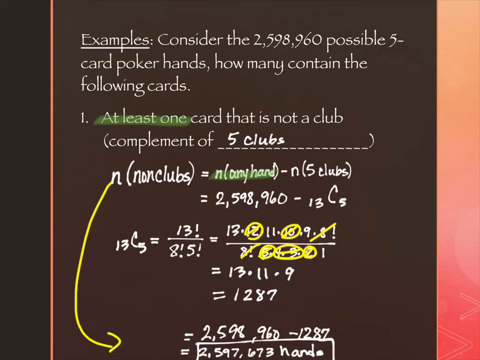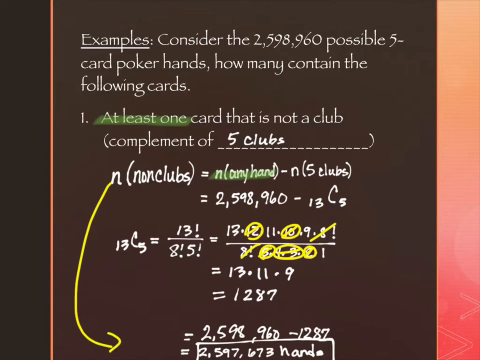But if there's 1,287 all club hands, there's also 1,287 all spades hands, right? And there's 1,287 all diamonds hands. We already did clubs. So I've got the clubs, the spades, the diamonds, and hearts. And then I've got the 1,287 hearts. So it's 1,287 of each of the individual suits of cards.